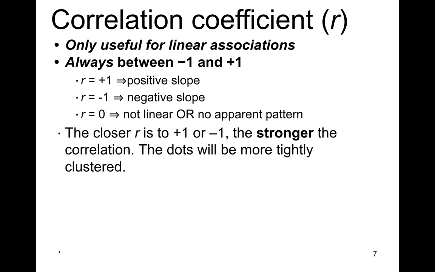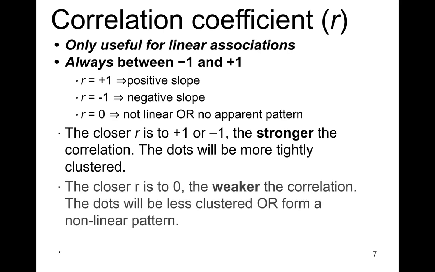Okay. So the closer the correlation is to +1 or -1, the stronger the scatter plot will be. The correlation will be stronger. In other words, the dots will be more tightly clustered. It's just a matter of whether it's positive or negative. The closer it gets to 0, the weaker the correlation is. That means the dots will be less clustered, they'll be spread out more, or they will form a nonlinear pattern.